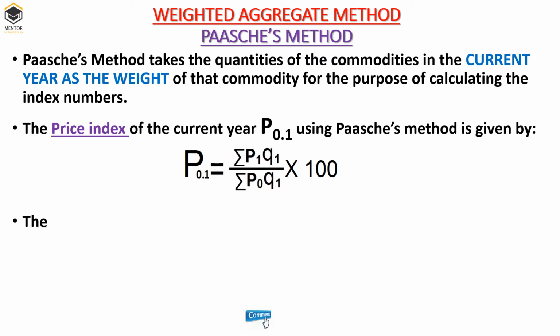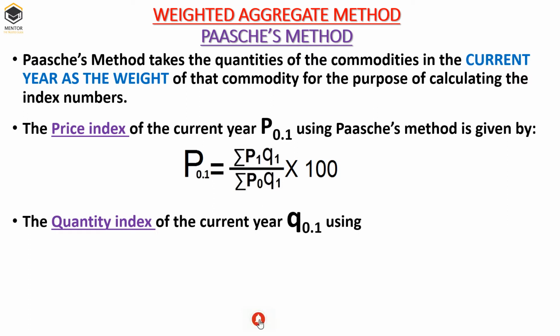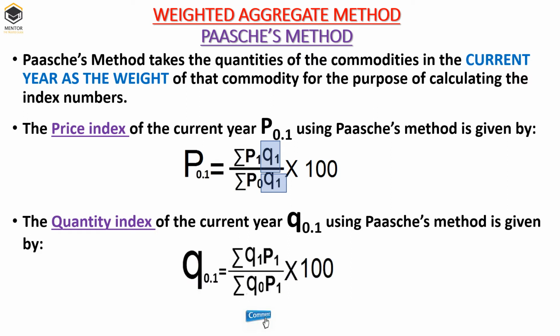Same, if I take the quantity index Q01 under the Paasche method, the weight will be given to the price of the current year. So Q01 is equal to summation Q1 P1 divided by summation Q0 P1, into 100. What is added in the numerator and denominator? P1. So in both the formulas you can see the weight is given to the current year.